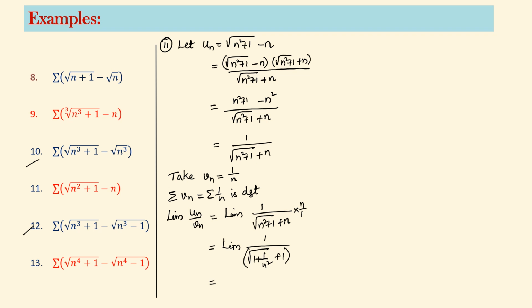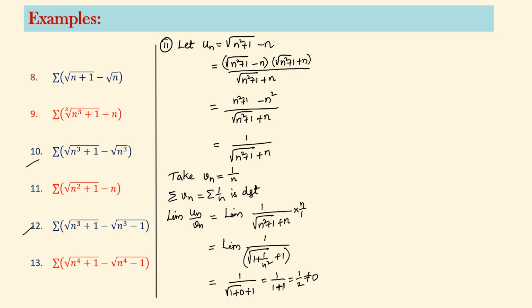Replacing 1 by n with 0, this will be equal to 1 by root 1 plus 0 plus 1, which is equal to 1 by root 1 plus 1. Root 1 has two roots, but we are taking only the positive root. 1 plus 1, which is equal to 1 by 2, which is not equal to 0.